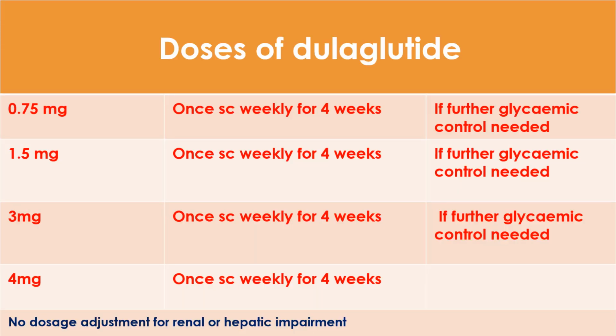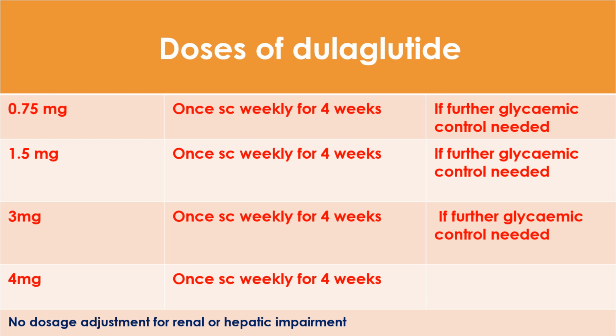Doses of dulaglutide. Initial dose of dulaglutide is 0.75 milligrams subcutaneous once weekly. If not meeting glycemic goals after 4 weeks, increase the dose as tolerated every 4 weeks as follows: 1.5 milligrams subcutaneous once weekly, then 3 milligrams subcutaneous once weekly, and finally 4.5 milligrams subcutaneous once weekly.